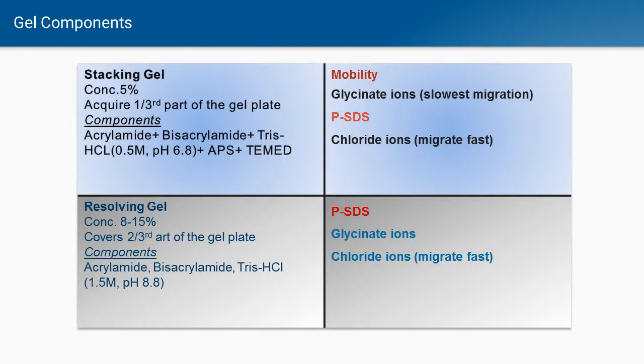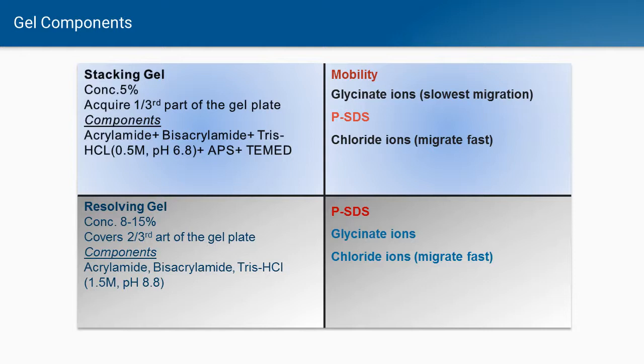When I say fastest moving, I'm talking about the ions moving much faster towards the anode, which is the positive terminal. In the resolving gel, this mobility changes. SDS-bound protein moves the slowest, followed by the glycinate ion, followed by the chloride ion. I'll tell you why this change happens.